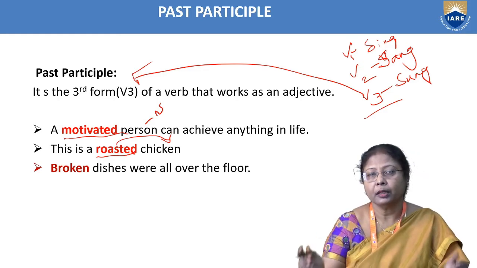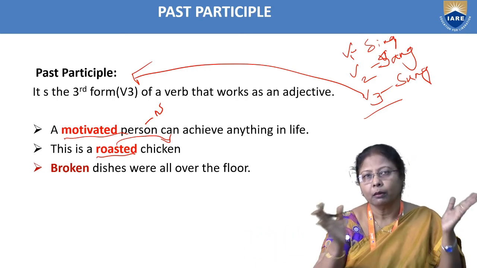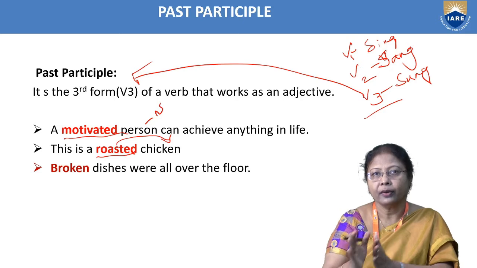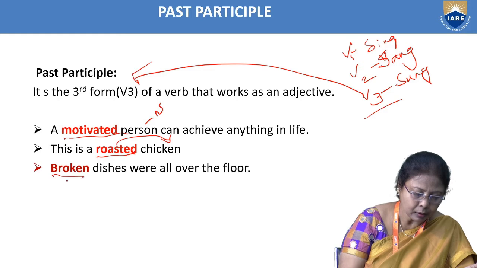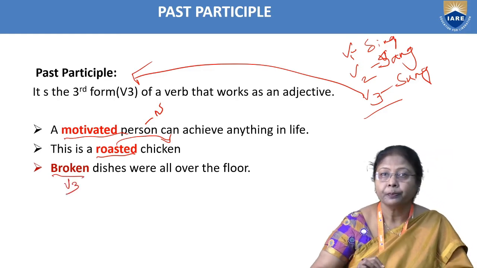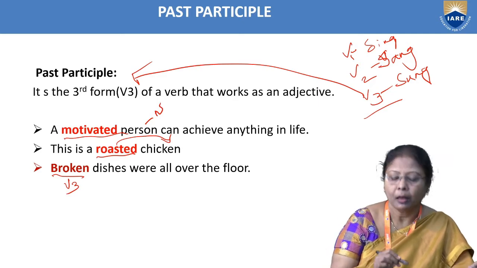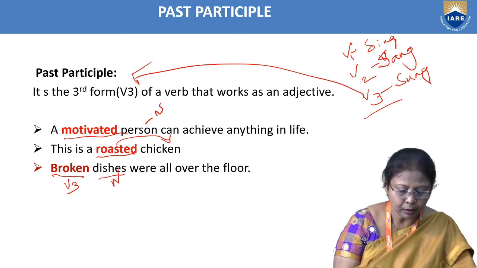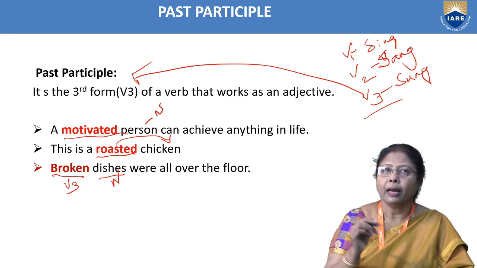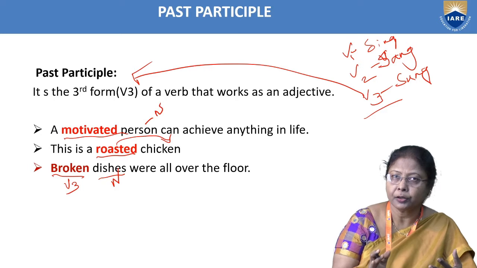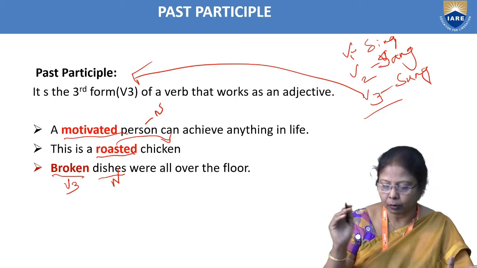The dishes were broken and spread all over the floor. Here, broken is a V3 form that acts as an adjective, which says something about the noun dishes. So in this way, a past participle acts as an adjective before the noun and modifies it.